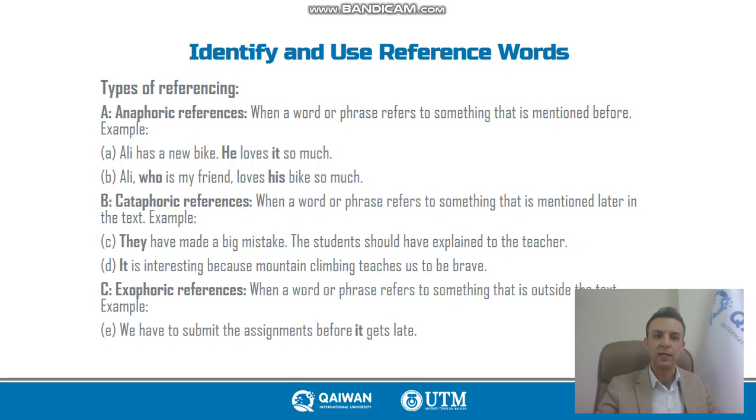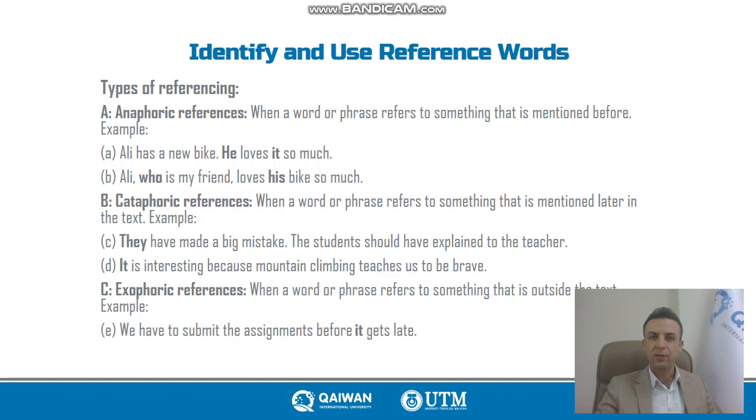But later we say, the students should have explained to the teacher. So they refers to the students, but the students has not been mentioned earlier. It's mentioned later. Or we say it is interesting because mountain climbing teaches us to be brave. It refers to mountain climbing that comes after the word. So we have cataphoric referencing.